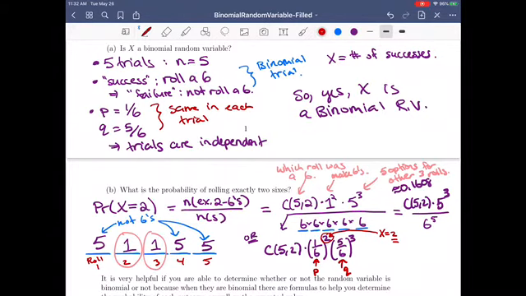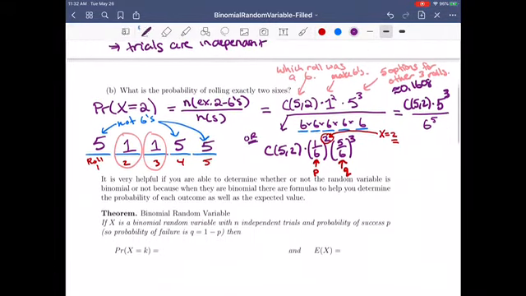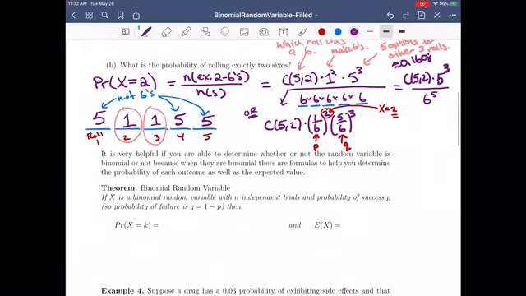This is where the formula comes from; this is how it looks for computing probabilities when you know the random variable is binomial. It's very helpful to be able to determine when it's binomial or not, because if you know it's binomial, you're able to use these formulas.